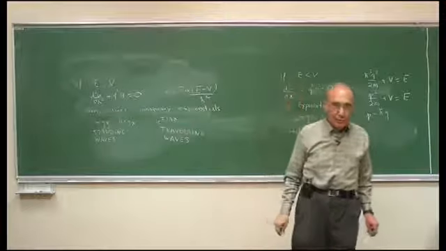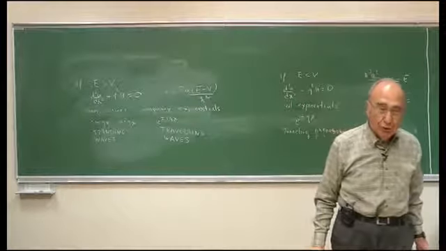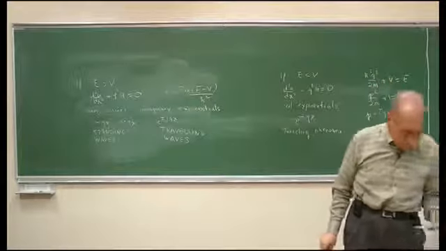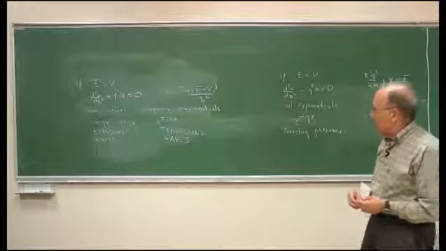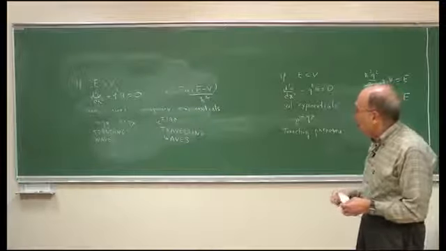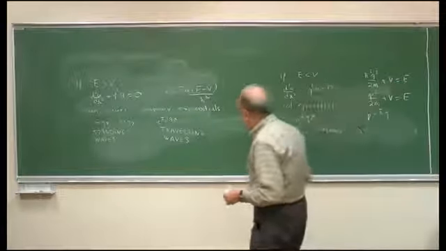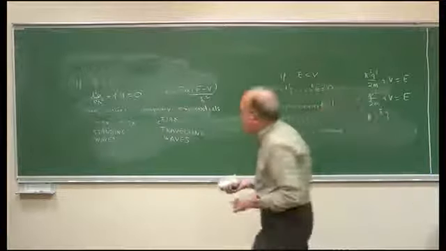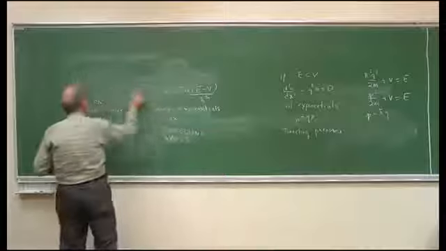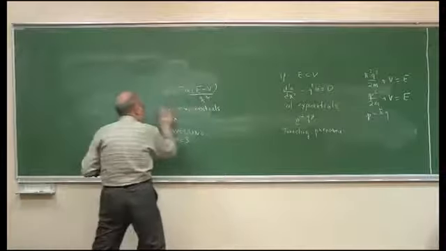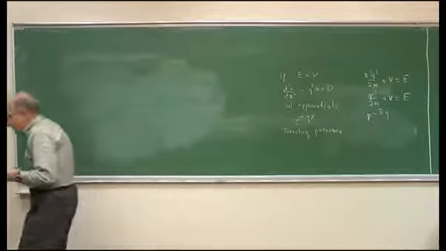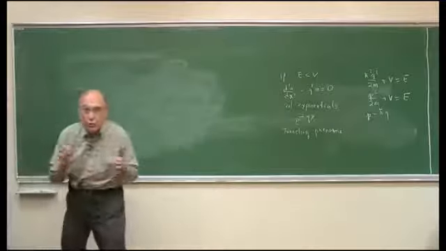Now, at this point, we'll tackle those two issues one by one. Okay, let's now begin the WKB approximation, where, of course, the WKB approximation or approach is based on the fact that V of x is slowly varying.